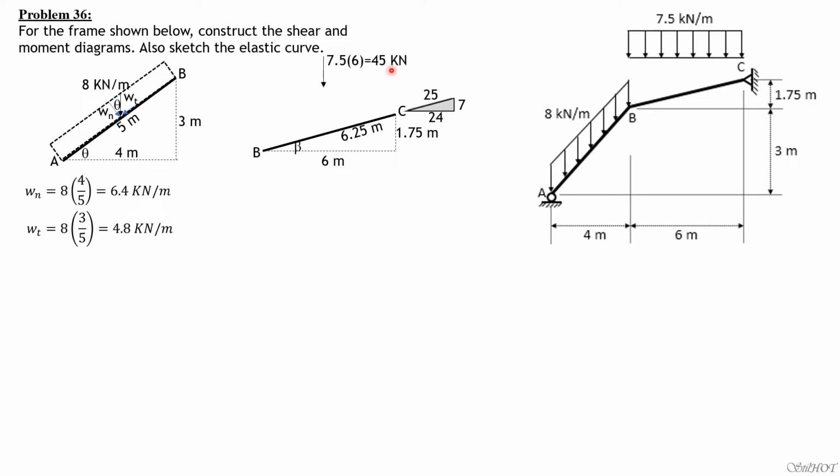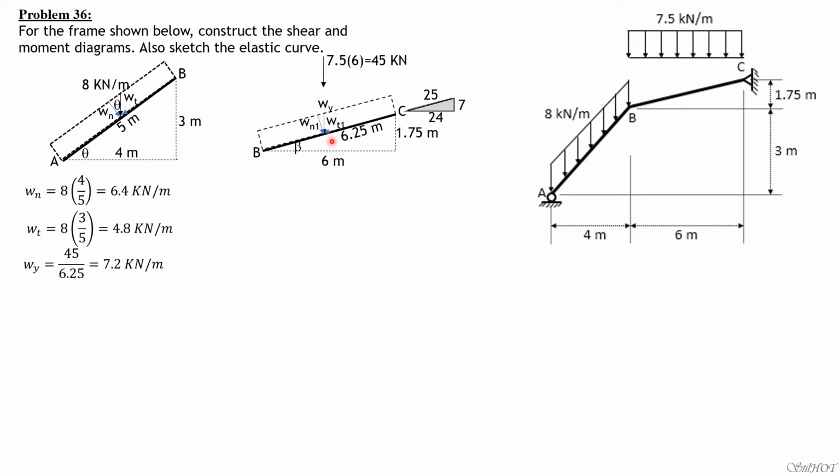Then that 45 kilonewton should be divided by 6.25 to convert it into vertical load over BC, Wy. So 7.5 times 6 is 45 divided by 6.25 meters, the length of BC, is 7.2 kilonewton per meter. Then from there, we can convert that into normal and tangential load again.